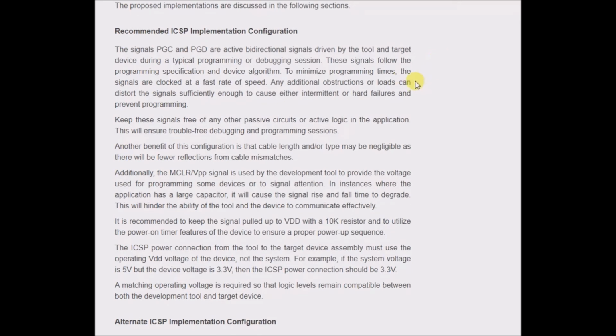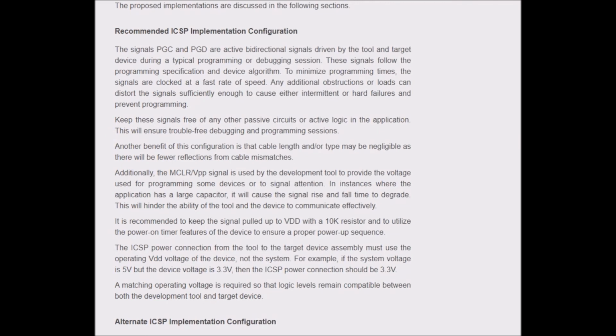To minimize programming times, the signals are clocked at a fast rate of speed. Any additional obstructions or loads can distort the signals sufficiently enough to cause either intermittent or hard failures and prevent programming. Keep these signals free of any other passive circuits or active logic in the application. It will ensure trouble-free debugging and programming sessions.